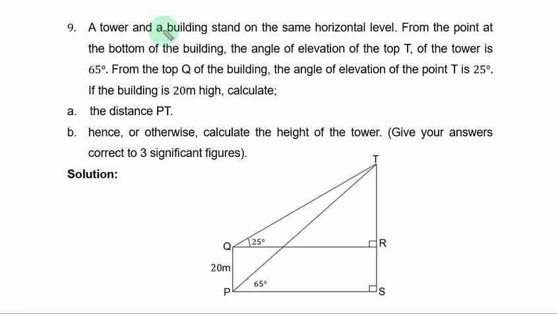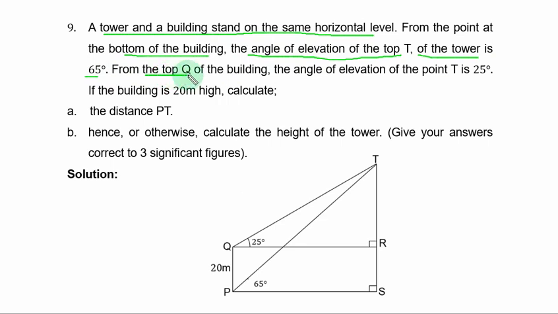Example 9. A control tower and a building stand on the same horizontal level. From the point P at the bottom of the building, the angle of elevation of the top T of the tower is 65 degrees.